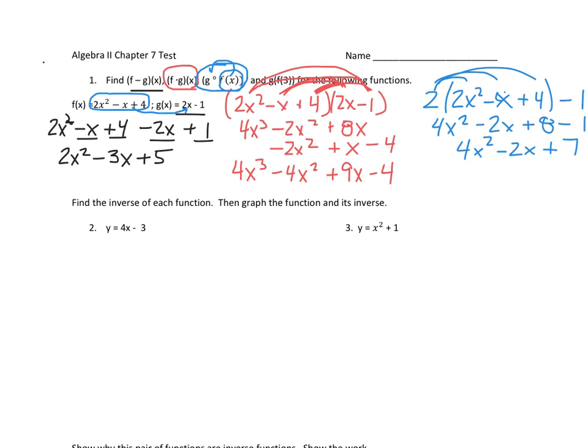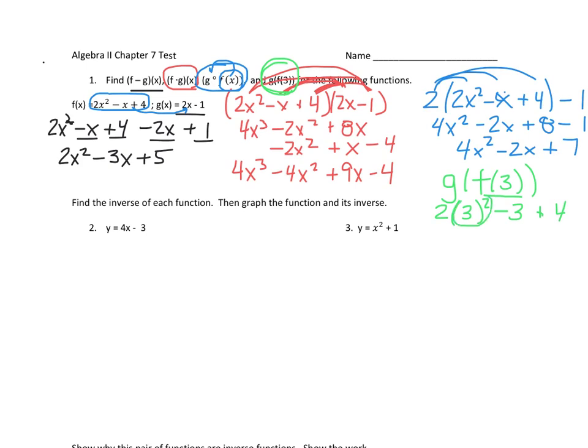And then the last type of problem is composition of functions here. This is g of f of 3. So you do the inside parentheses first. We're going to find f of 3. Putting 3 in for x, that's going to be 2 times 3 squared minus 3 plus 4. Very important, you do the power first.